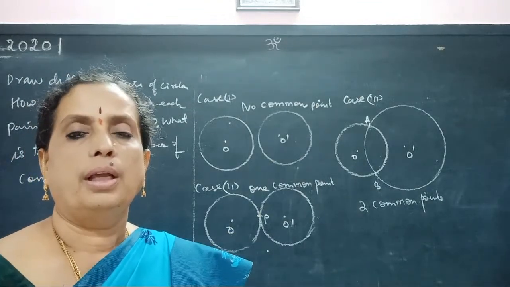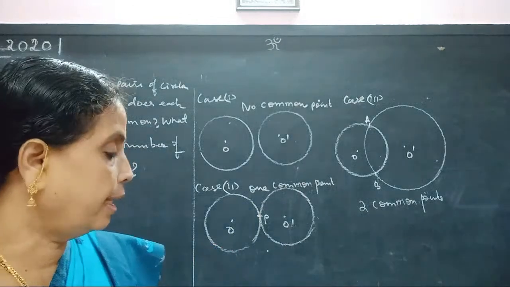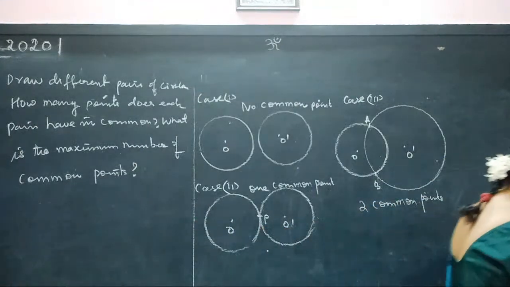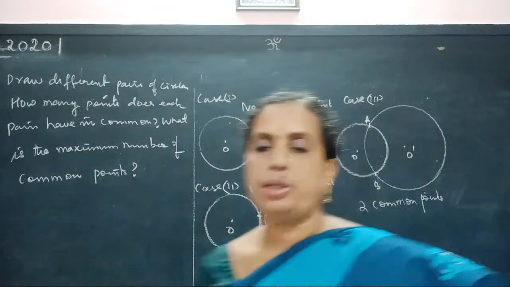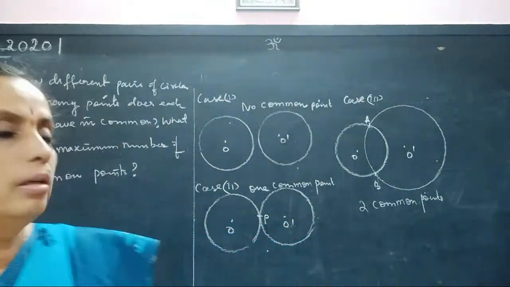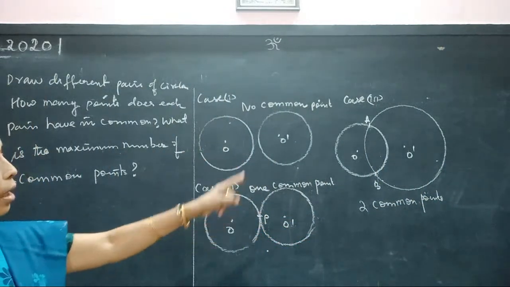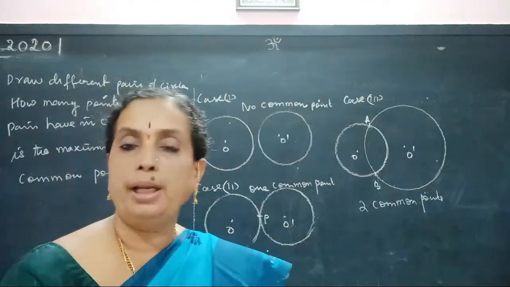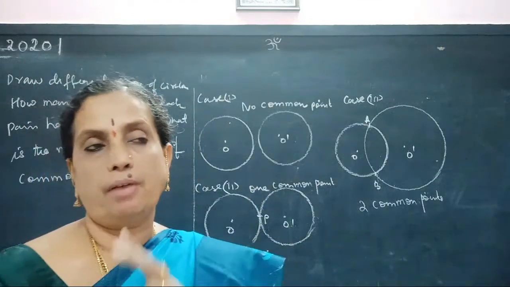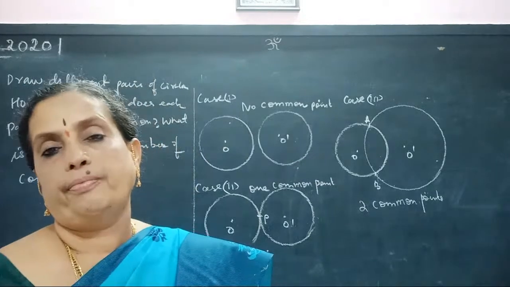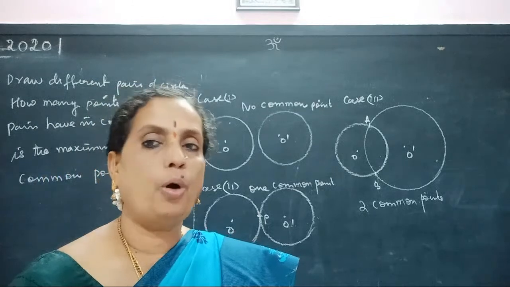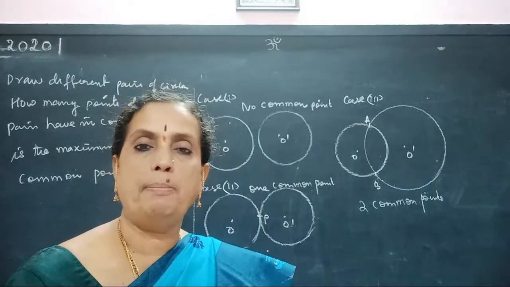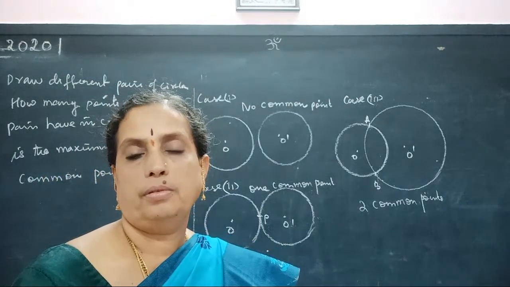So, the next question here: what is the maximum number of common points two circles can have? Can we get 3 points of intersection with one pair of circles? Yes or no?